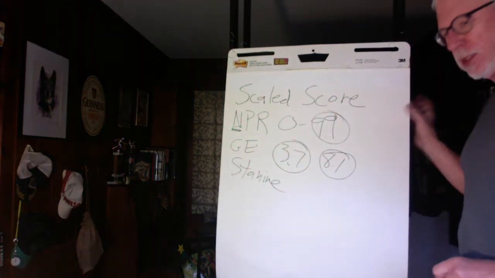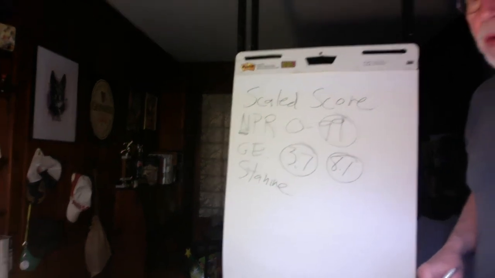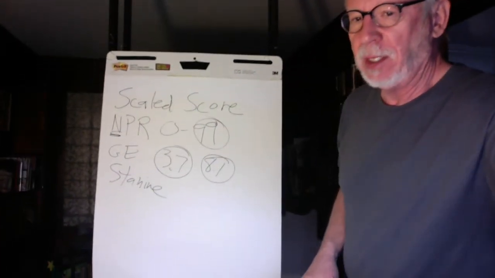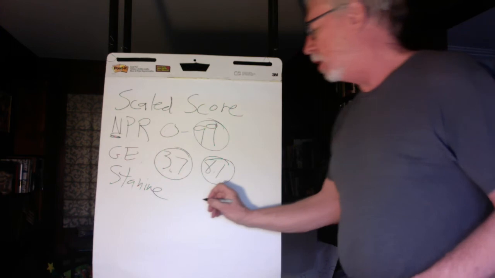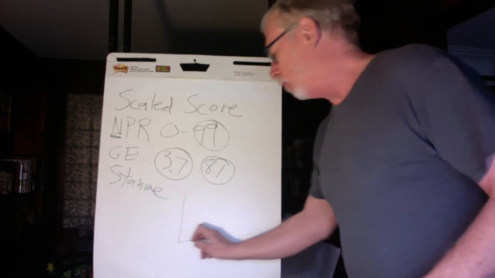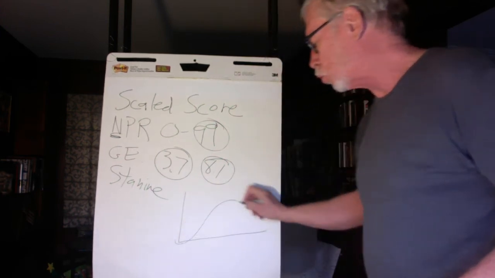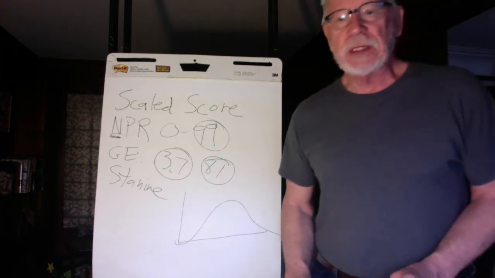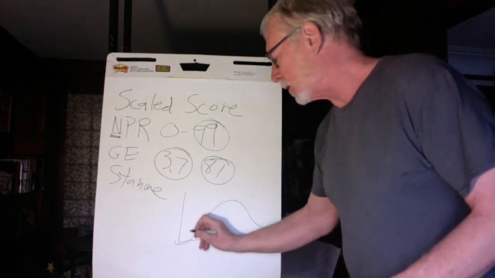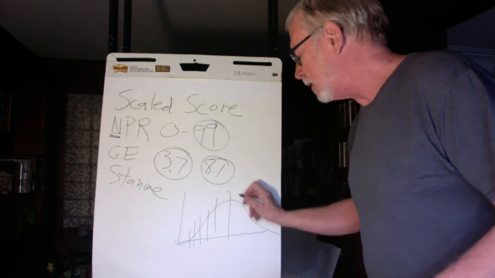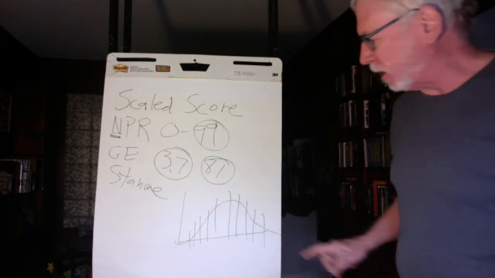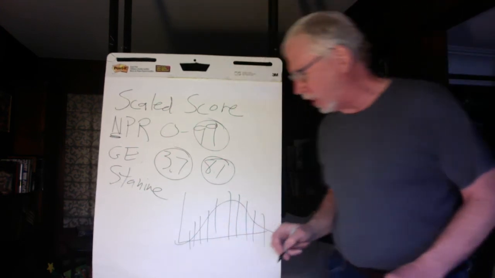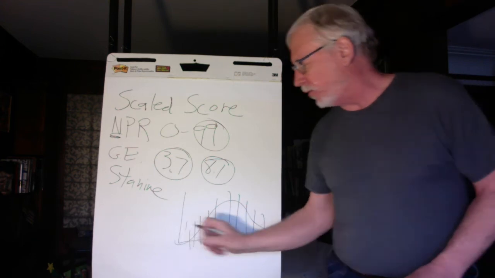Stanine requires, that's better, a quick look at the bell curve again. And if we take the bell curve and slice it into 9 slices, I am not positive I made 9 slices just then, but you get the idea, 1 through 9.